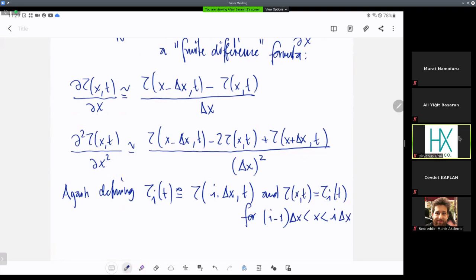So as long as x is within the interval, we associate it with a lumped parameter variable.